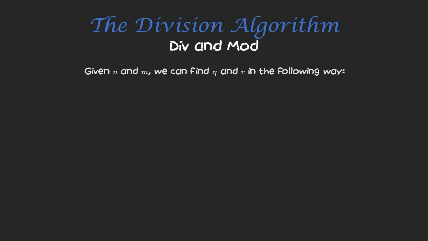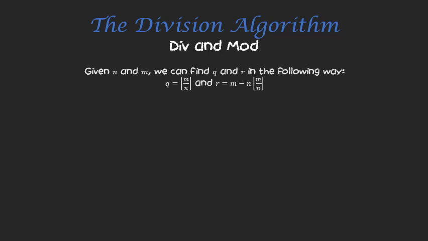Now how can we calculate these? Well, actually using the floor function. So the quotient will just be the floor of m divided by n. Think of just positive numbers right now. When I do m divided by n, I'm going to get some whole part and then some decimal part.